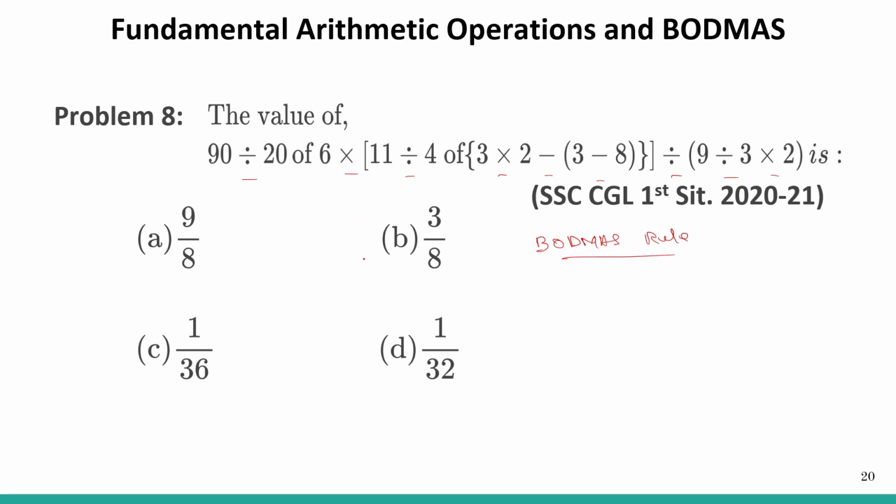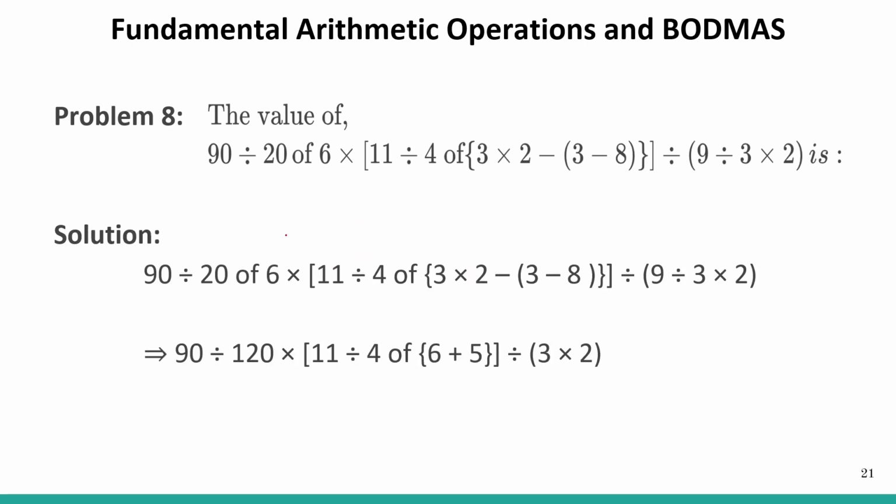So let's evaluate this. 90 divided by 20 of 6. Of implies 20 into 6; of implies multiplication. Then we are left with this algebraic form, and we apply the BODMAS rule here.